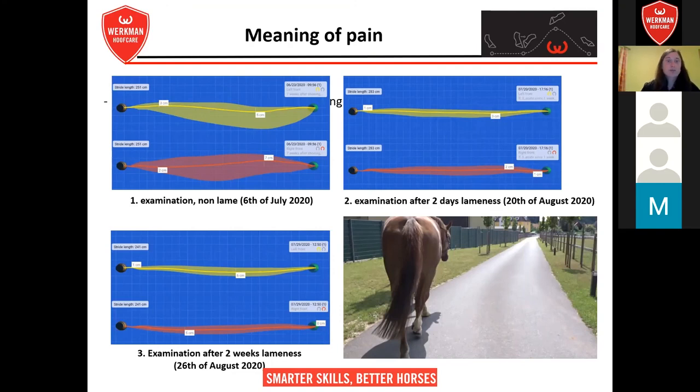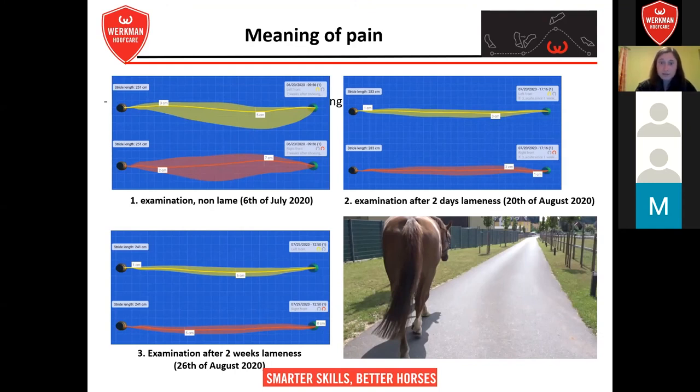So when we saw her the first time, she had a very strong stride variability seen by the shadows around the yellow and the red line. And you see the variation is very high. And suddenly the horse changed this, and we see we have a very, very small shadow. So the variation decreased from one moment more or less to the other. And this was because the horse was lame.